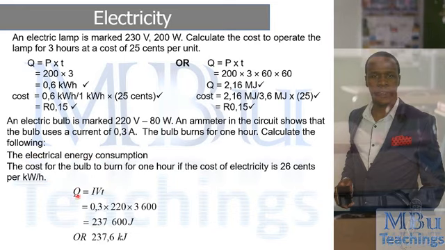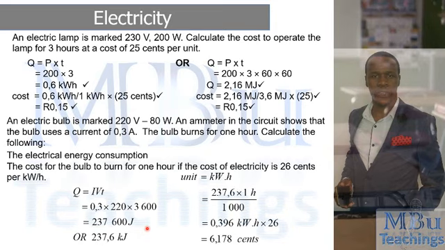Electrical energy: I is given, V is given, T, where is T? 1 hour, T is given. So everything is given. So 1 hour is 3600 seconds. Then you just multiply and you get your answer.